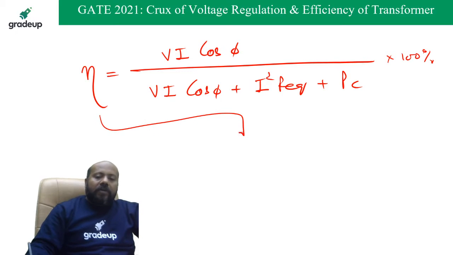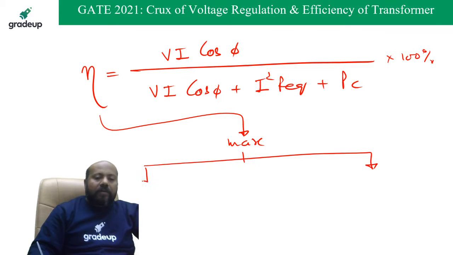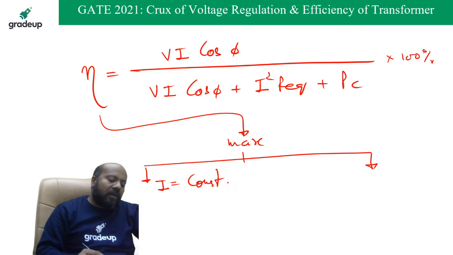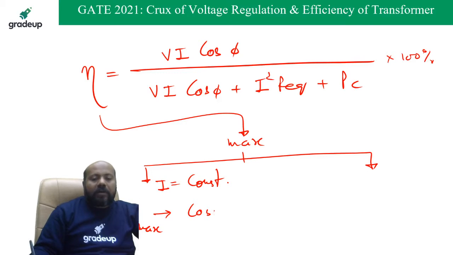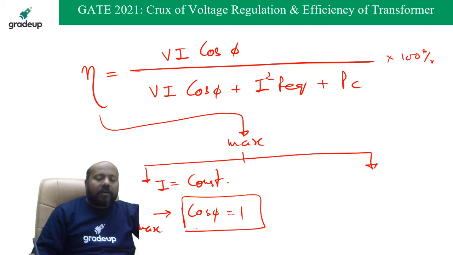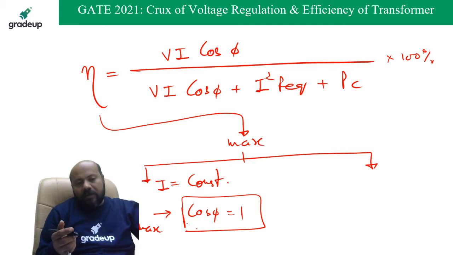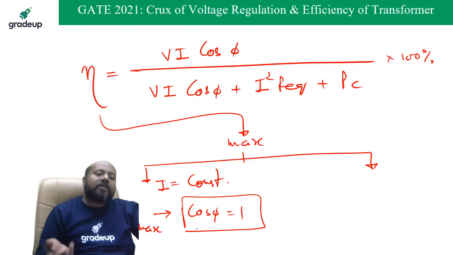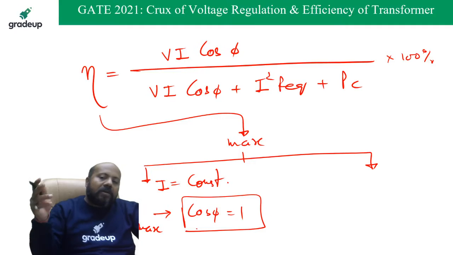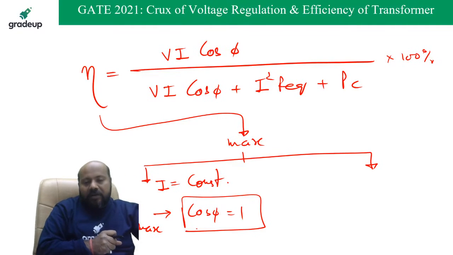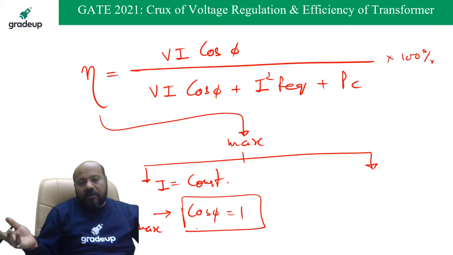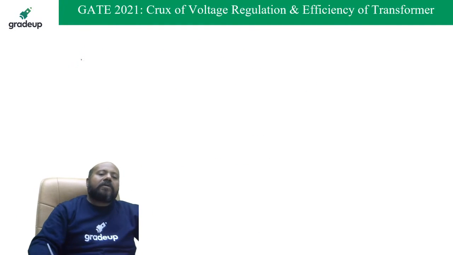Now efficiency is going to be maximum in two cases. Number one, if the current that the load is drawing is constant, then you will get maximum efficiency when cos phi is 1. You have to maximize the output. If you maximize the output, losses are automatically going to be minimized. What is power output?